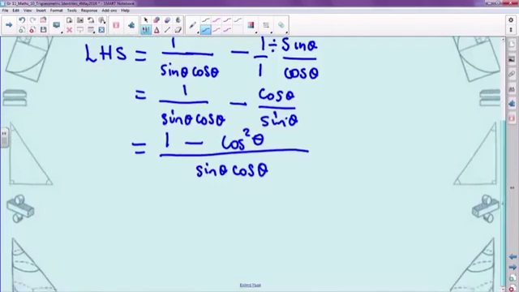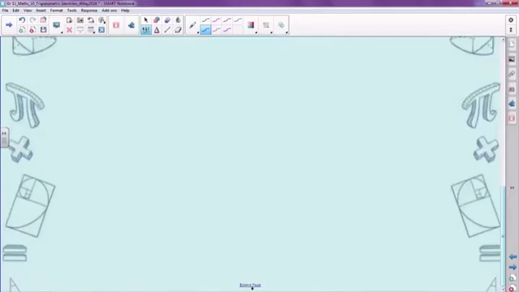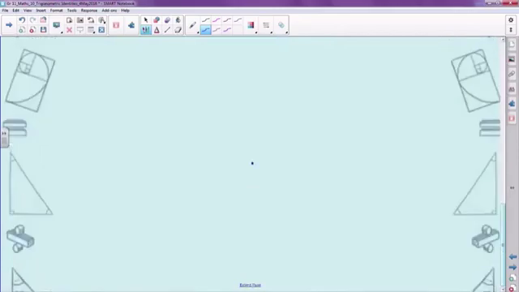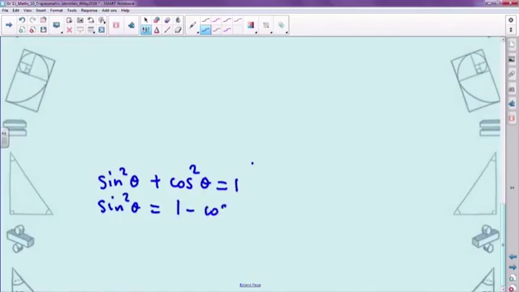And something very interesting happens here. When we go back to our squared identity, it says sine squared theta plus cos squared theta equals 1. So in other words, sine squared theta is the same as 1 minus cos squared theta. You see what I've done? I transposed the cos squared theta.